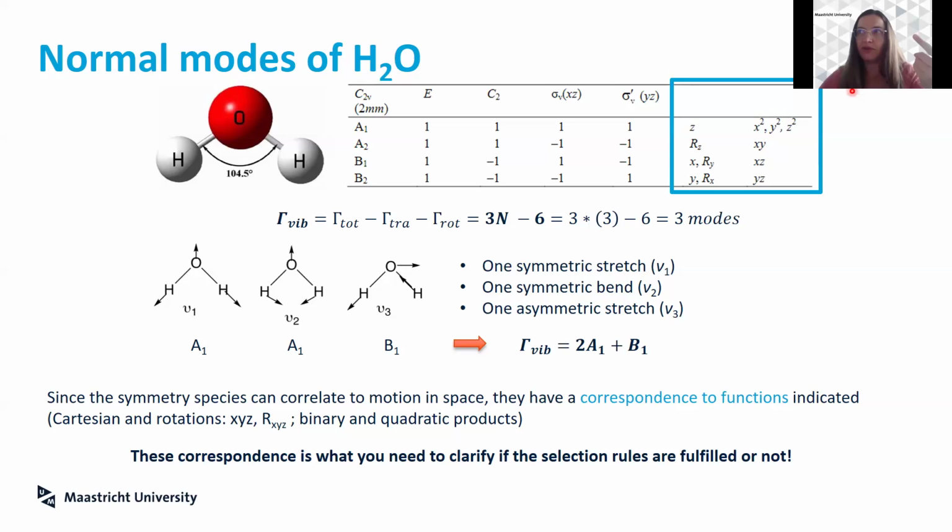This correspondence is the one that you can use to know whether this motion fits or doesn't fit with the selection rule of what is going to be an absolutely physical process, which is spectroscopy. So you shine infrared or you put the laser to do Raman, which one of these is going to go according to the selection rules?